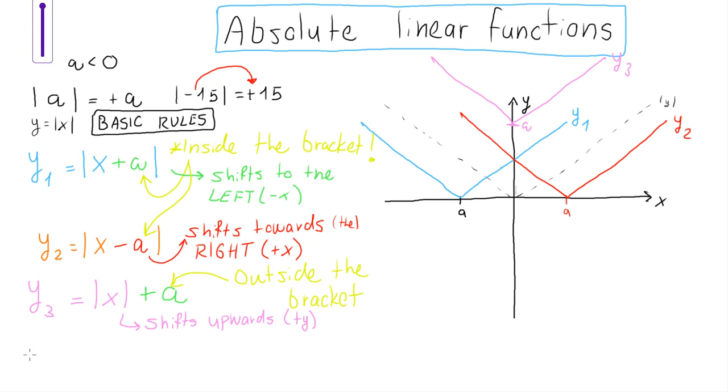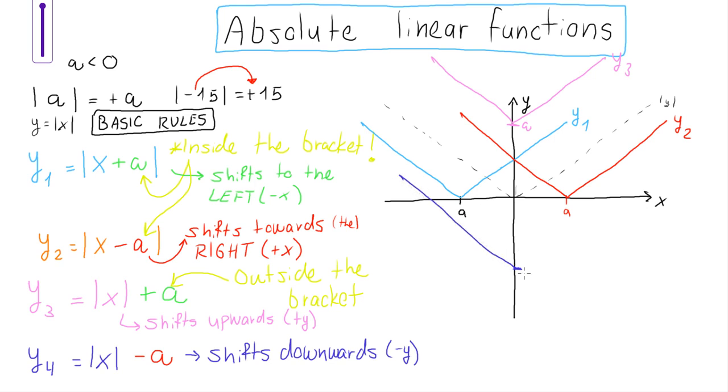Let's use a nice blue color. y4 equals absolute value of x, and this time I use a negative a, which again is outside. However, this time it's shifted downwards, or downwards in minus y. Again, I'm going to exaggerate somewhere here. 45 degrees, and it would look something like this, approximately.